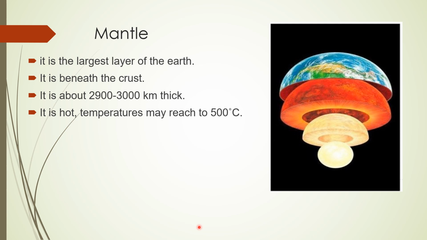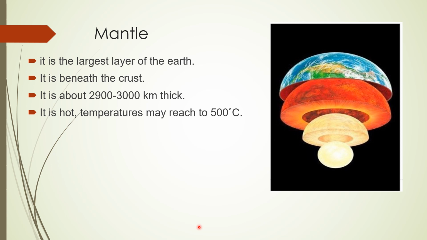In this layer, they are saying it is about 2,900 to 3,000 kilometers thick. So this number says volumes about this layer. It means that it is deep beneath the earth's surface, so if you are digging now, your digging will be longer and it will be hard work.